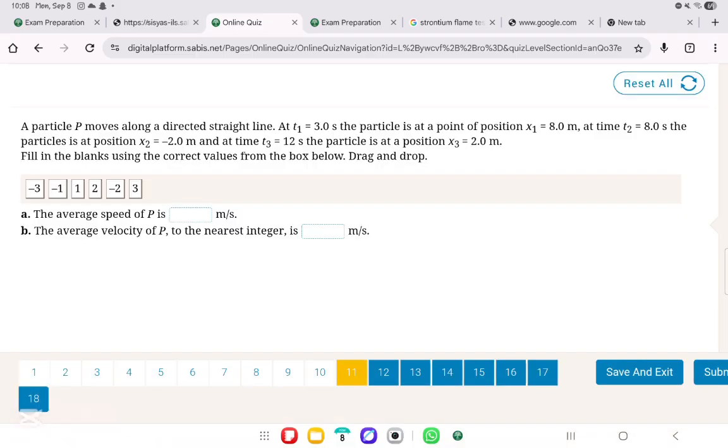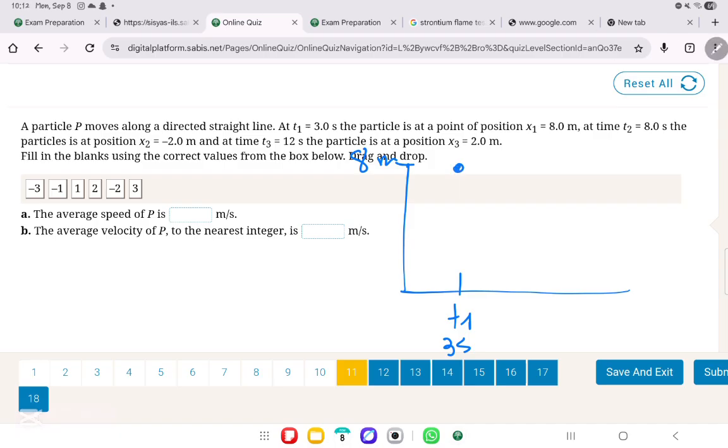Now, a particle P moves along a directed straight line. At time 1, I always prefer to graph. Let's say this is time 1 over here, which is 3 seconds. The particle is at this position over here, which is 8 meters. So this is the first point. Now, where's the second point? At time 2, 8 seconds.